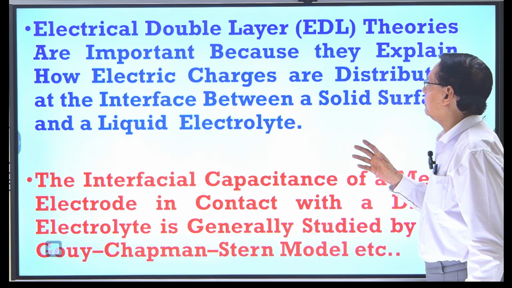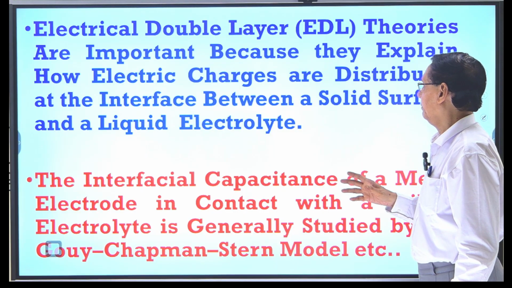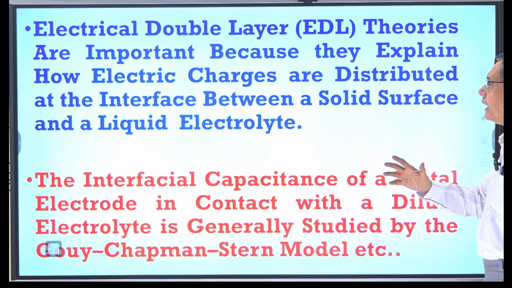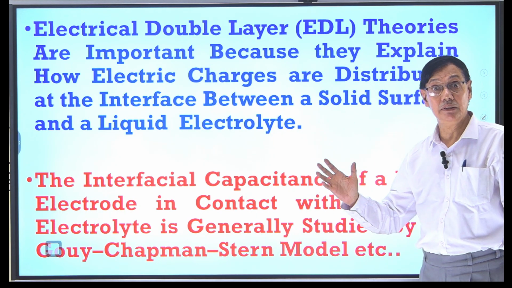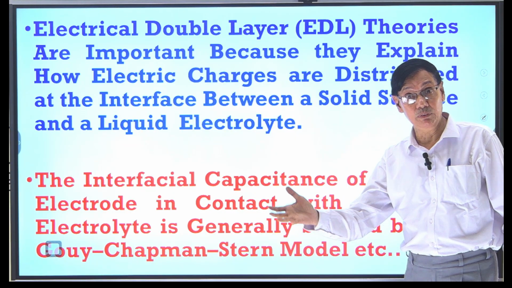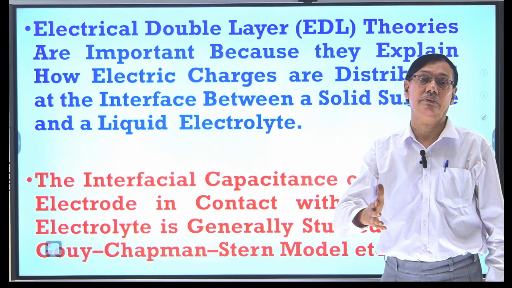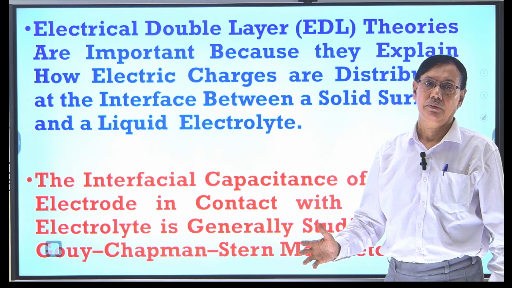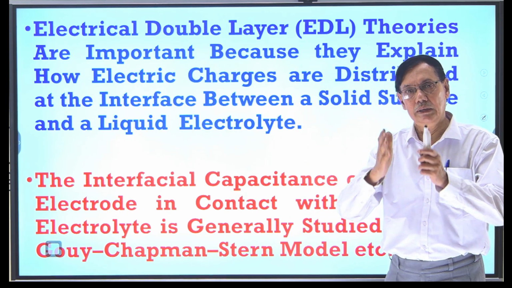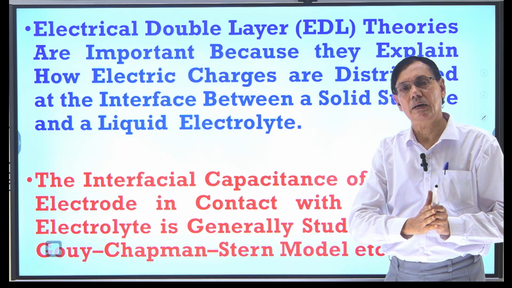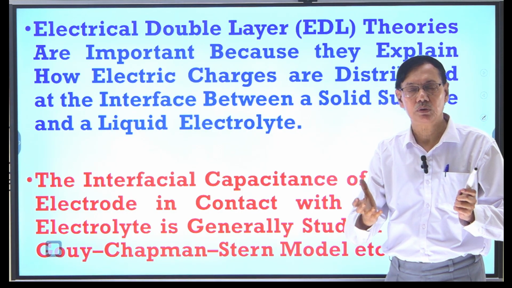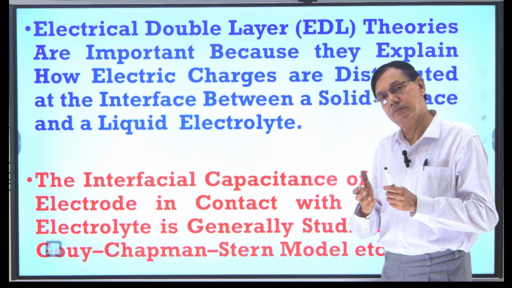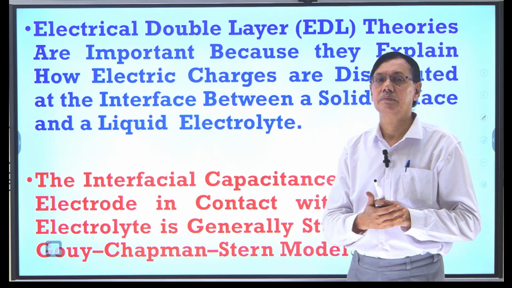Why are these theories important? Because they explain how the electric charge is distributed. That is the important point. So again we need statistical thermodynamics, the Boltzmann distribution, the Poisson distribution. आपने इलेक्ट्रोड को डाल दिया, इलेक्ट्रोलाइट के साथ टच हो रहा है, डेवलपमेंट ऑफ फोर्स, डेवलपमेंट ऑफ द चार्जेस, but how do the ions redistribute?